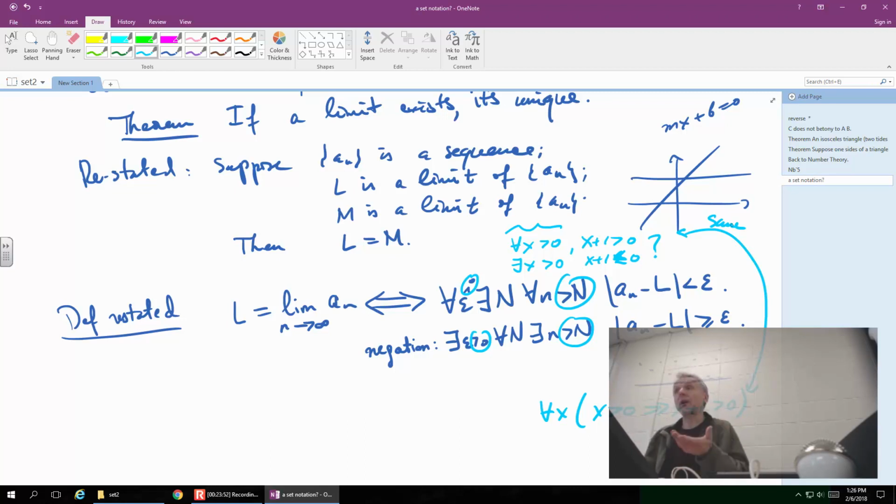Okay, so now let's try to negate this. We already know that for any x will become there exists an x. And now remember, how do we negate implications? We keep the condition and then show that the conclusion doesn't have to be satisfied. So it will be x larger than 0 and x plus 1 less than or equal to 0.